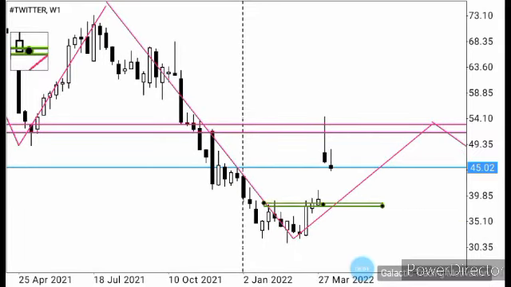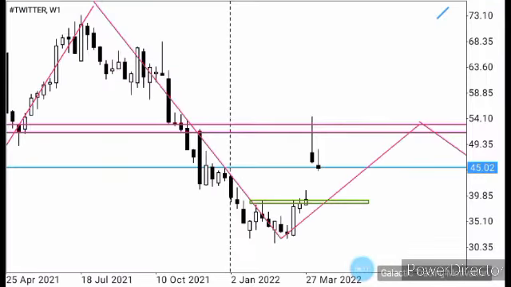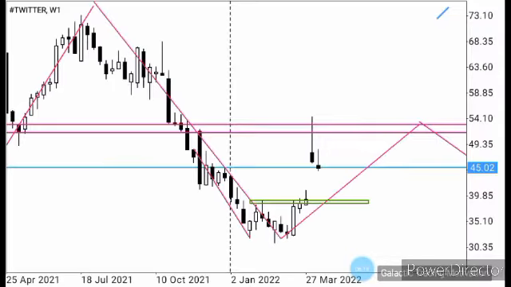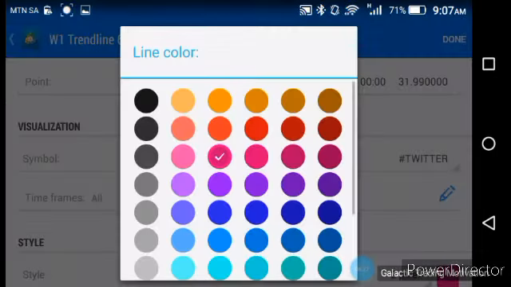So this would be the neckline, and then we had the first leg. Let me just make this a different color so we don't get confused.